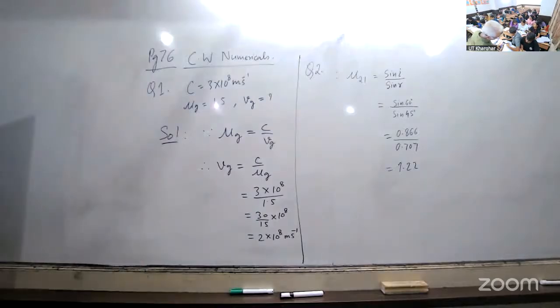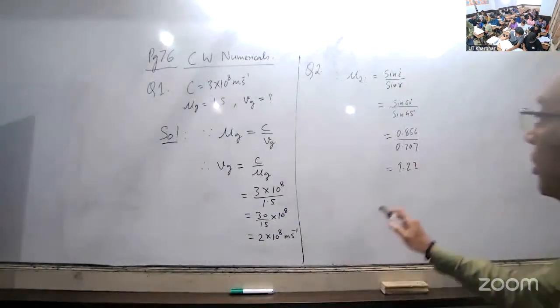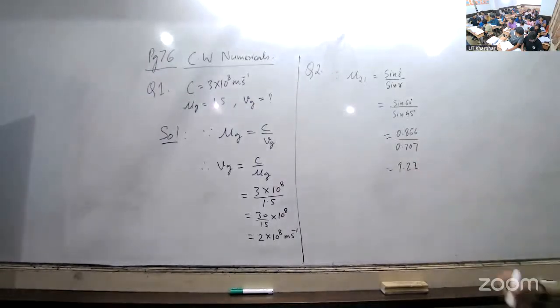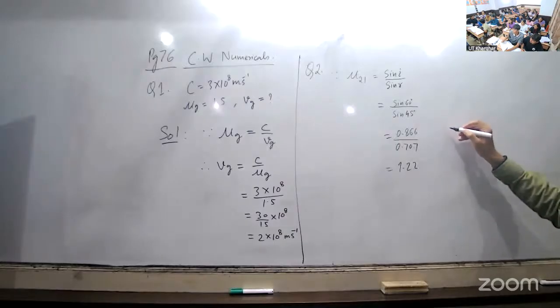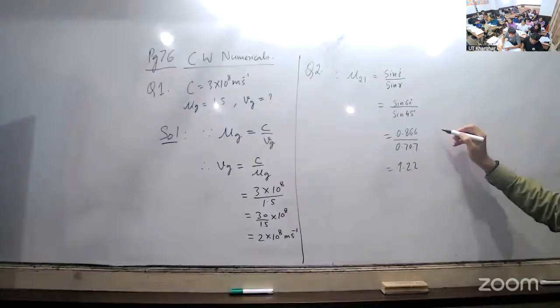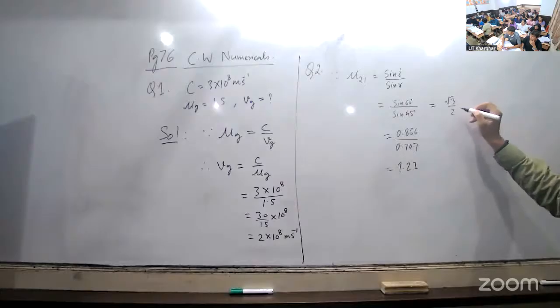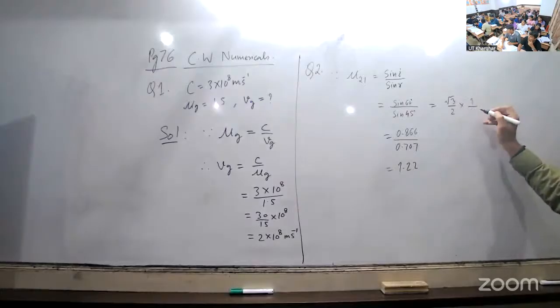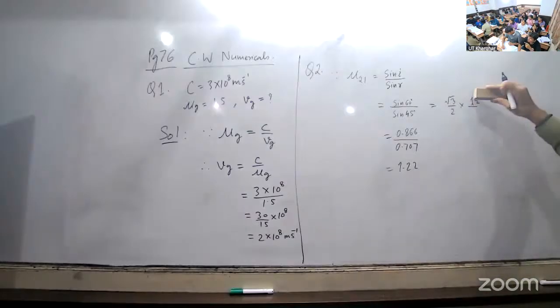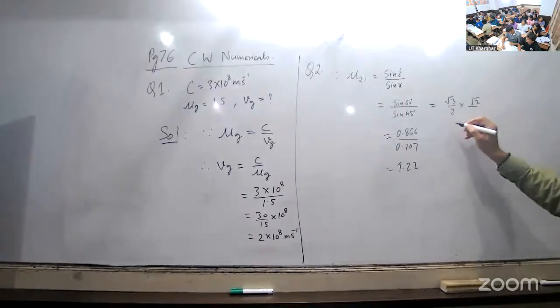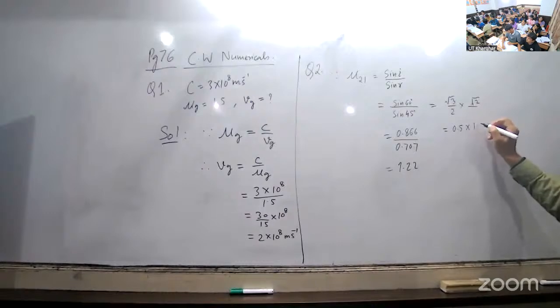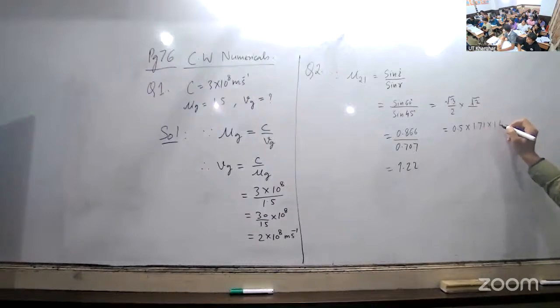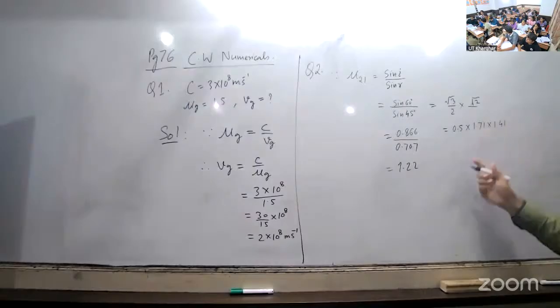And yes, this is actually an easier thing, right? It will come easily. It is the same thing. If you do root 3/2 also, you will get 0.866. So if you do it like root 3/2 into 1/√2, the √2 comes into the numerator. You can also do it like this: 0.5 into 1.71, right? Into 1.41. 1.7 or 1.73 it is. So you can do it that way too. So multiplication is always easier than division.